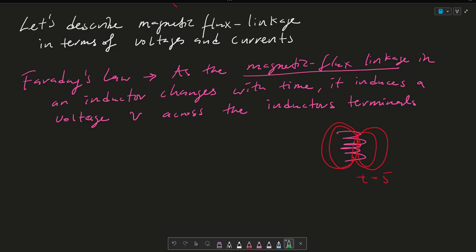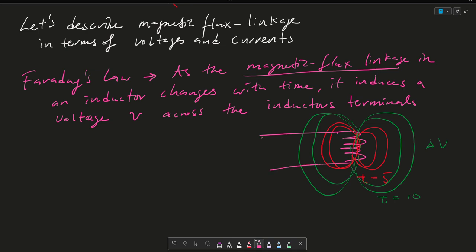And then at t equals 10, it changes to be bigger. So this is t equals 10. You're going to induce a voltage. There's going to be a change in voltage across, again, let's say this is A, B. There's going to be a change in V.